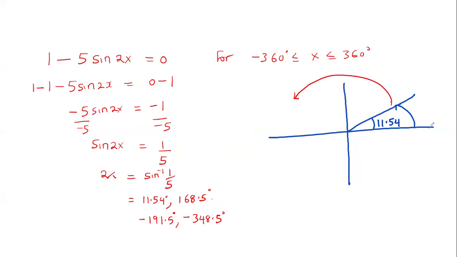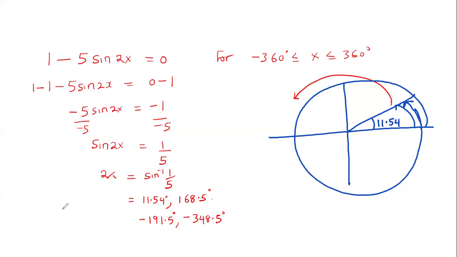But we can move again until we come back here. How many degrees have we moved up to here? 360. Now we have reached the point again.